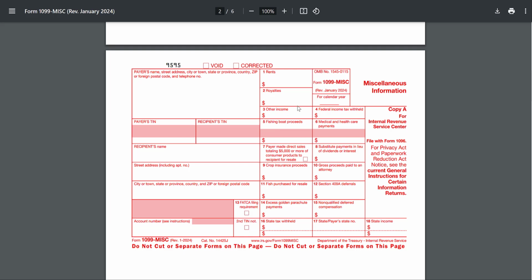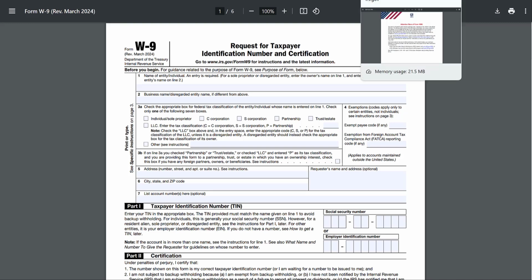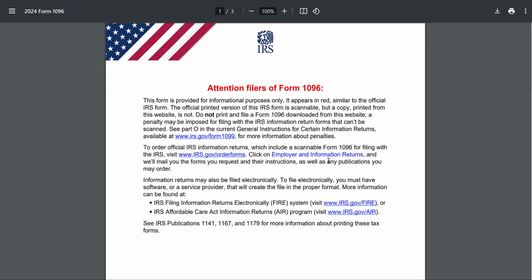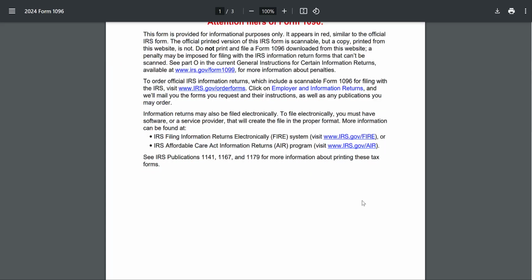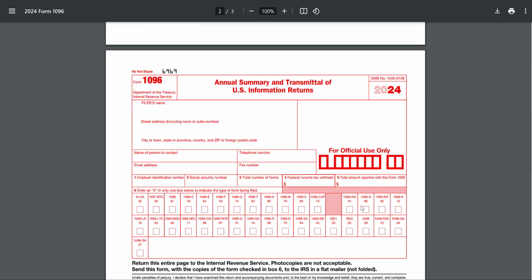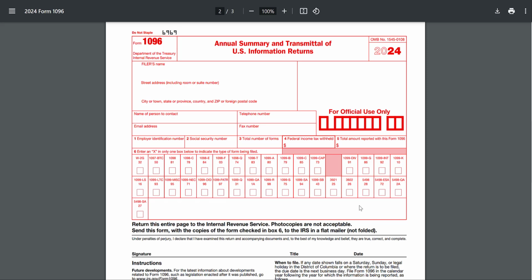So when we're sending this to the IRS, it is also accompanied by Form 1096. This is Form 1096. This tells the IRS, hey, I have sent you a bunch of 1099s. Here's information on the forms that I'm sending you. This is what's included with this submission, okay?